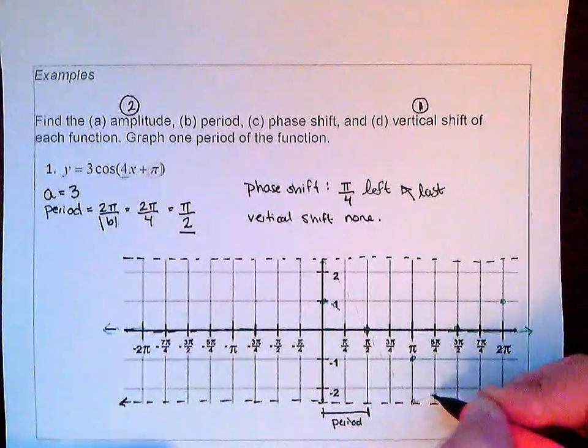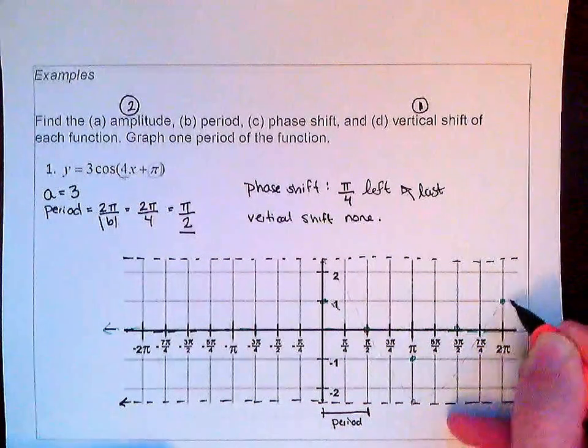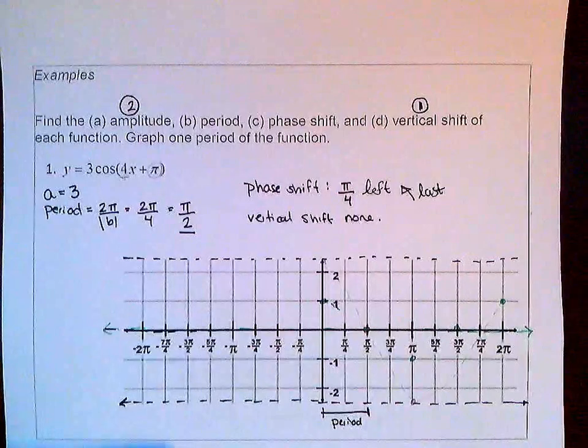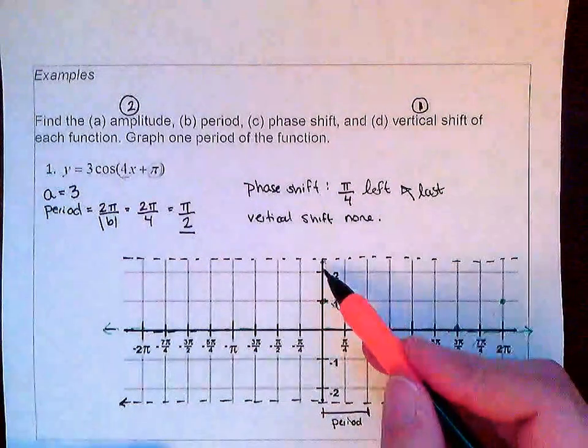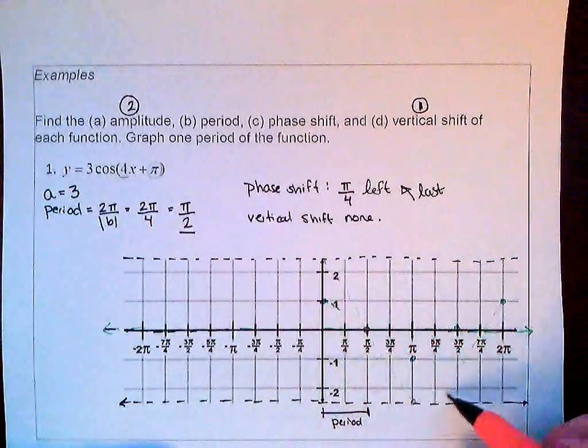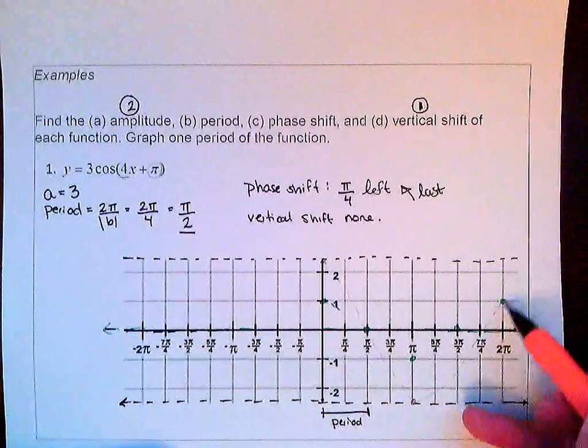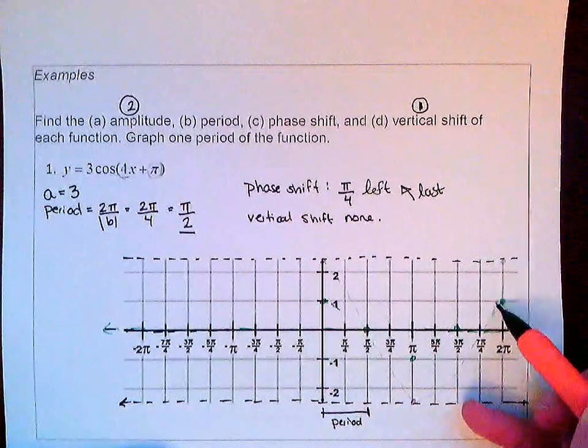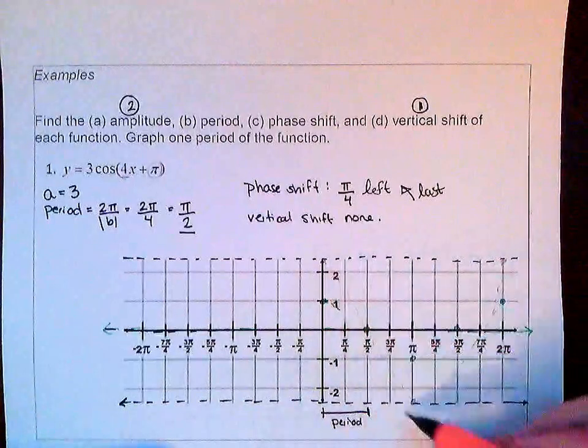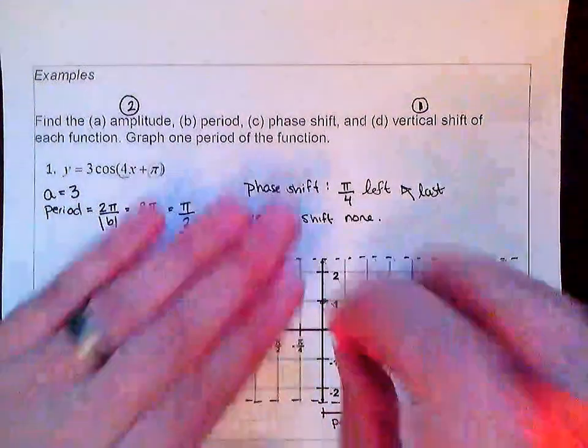Okay, I'll just show you a rough sketch. You can barely see that, but it would have started up here, gone down, and still made all the way up here, that cosine function like it always does.